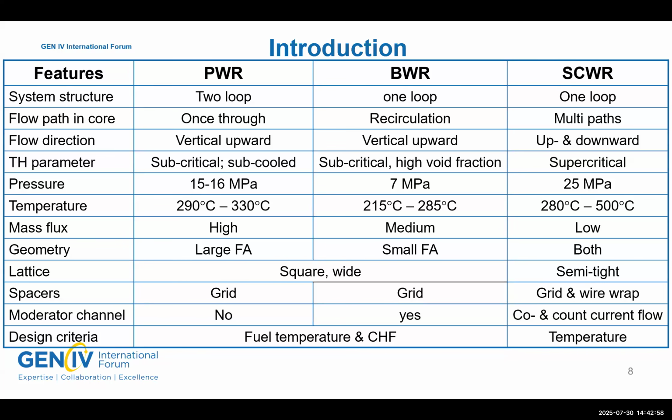And for the geometries of the assemblies, the PWR has a very large fuel assembly, the BWR has a small one, and the SCWR has both large and small ones.